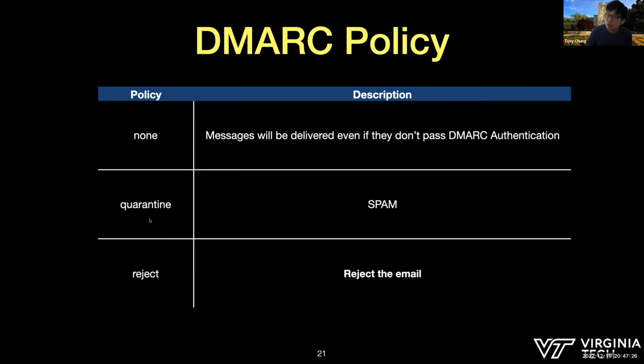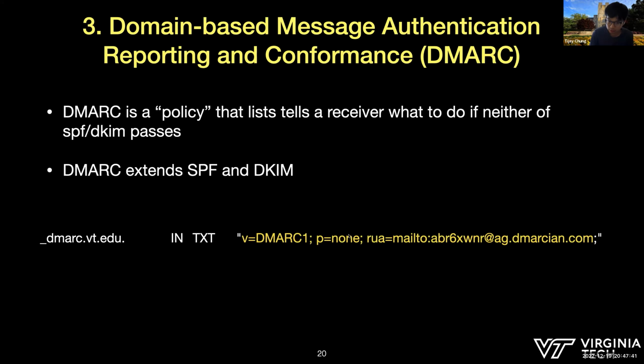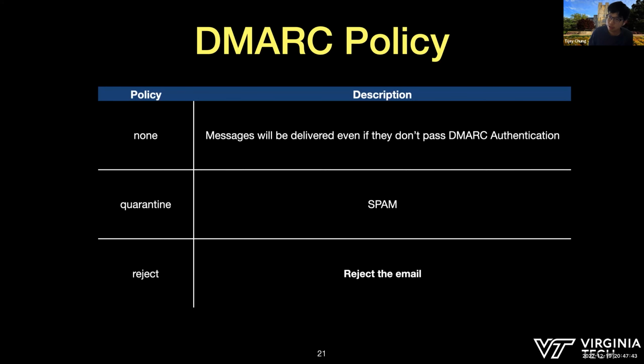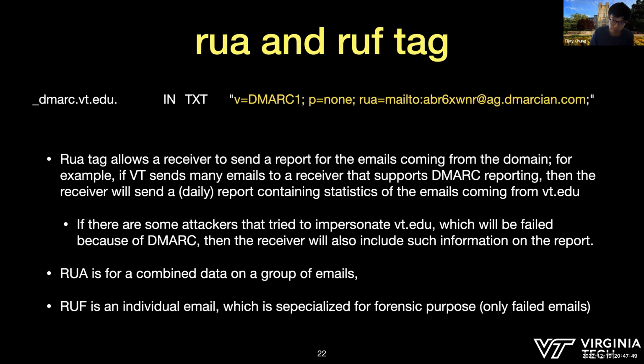Quarantine means that if any validation fails, if you try to validate SPF and DKIM and either one fails, you should put that email into the spam folder. If the policy here is reject, it tells the receiver that you have to reject the email, right? So there can be multiple policies, based on the sender.